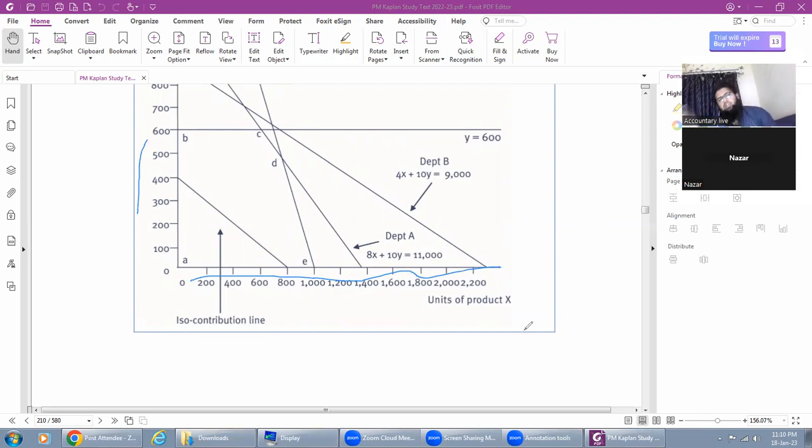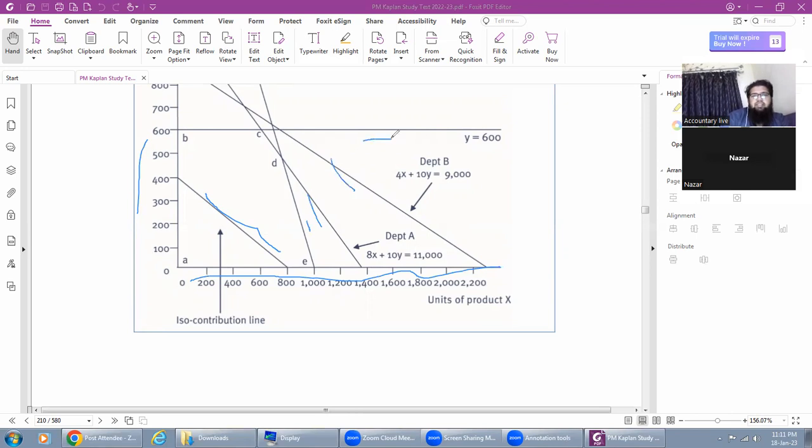Now we plot the lines. For constraint A, it was 400 and 800, 400 for Y and 800 for X. So we made this line, then this line, then this line, then this line.